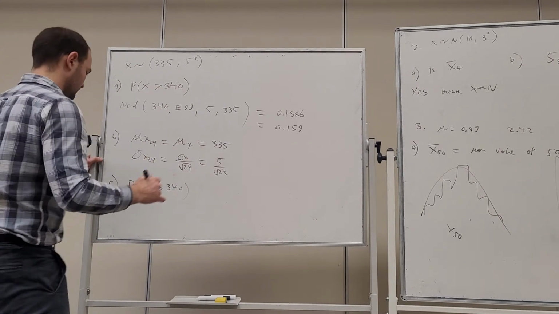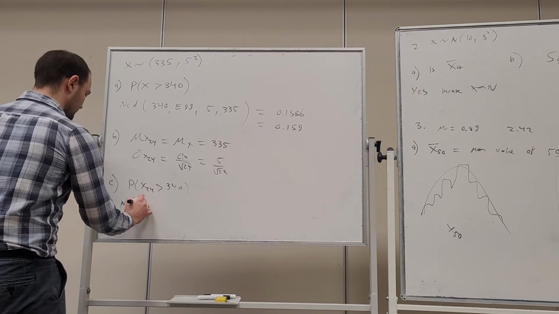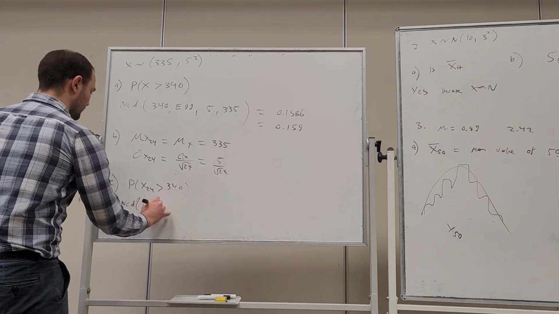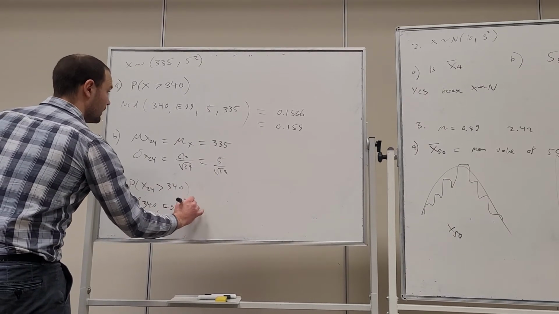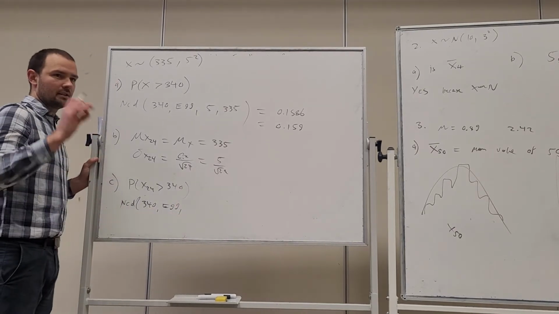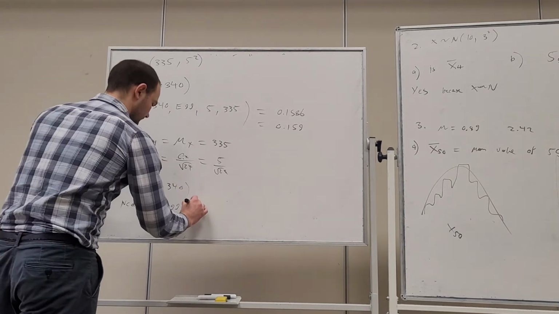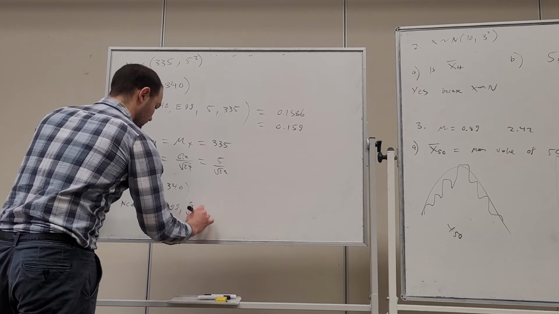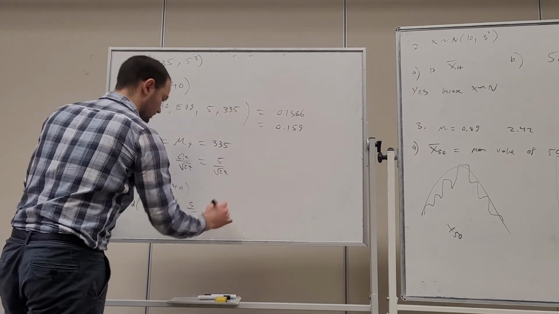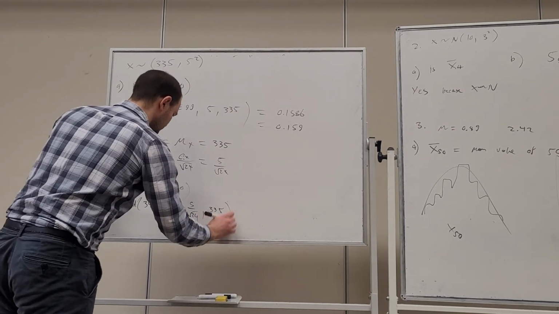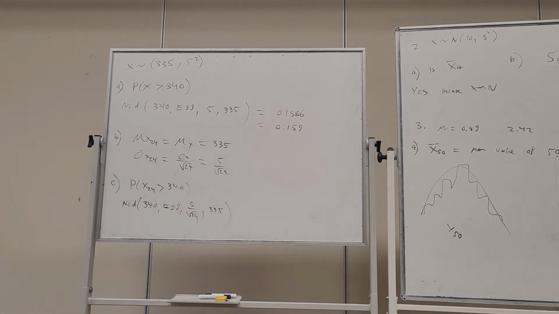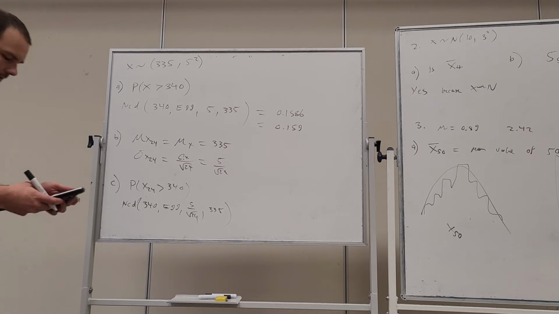I'm going to write out the calculation. That's NCD, our lower boundary is 340, upper boundary infinity. Our standard deviation is the only value that's different, 5 on root 24, and our mean is the same. So let's calculate that, and then let's chat about why there's a significant difference.